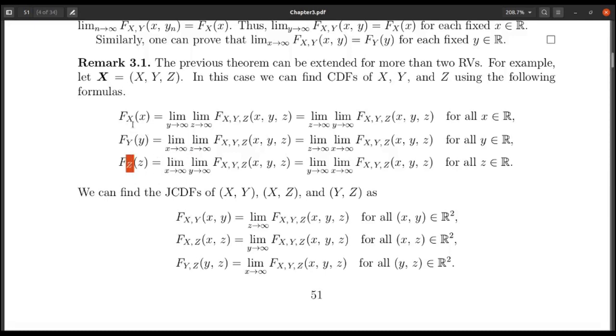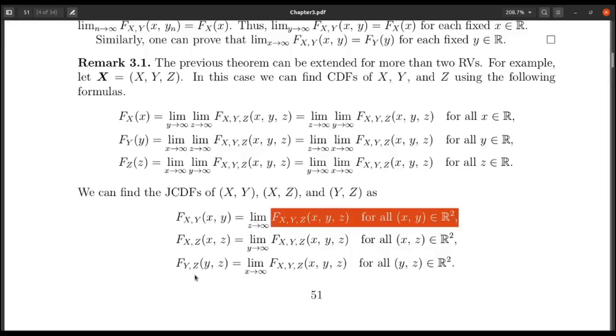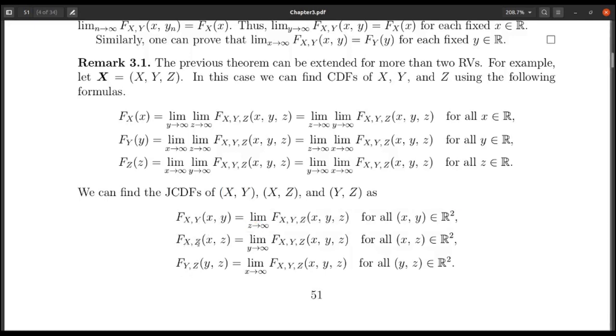Now, not only x, y, z individually, even if I try to find out the joint cumulative distribution function of x and y, I can do that. I can find the joint cumulative distribution function of x and y from the joint cumulative distribution function of x, y, z. The idea is again the same: for x and y, I have to take z goes to infinity. Similarly, if I try to find x and z, I have to take y goes to infinity.